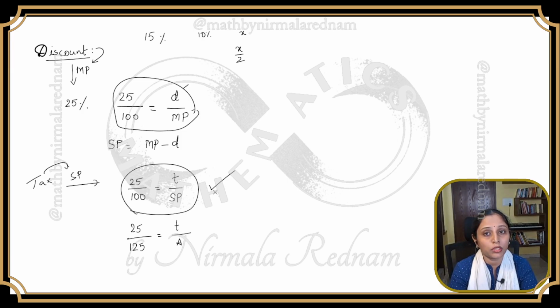If they're saying the total amount paid, it includes the tax. If they're saying the cost is so much, then they're talking only about the selling price. That is for their tax sums. And for discount sums, similarly, you need to read the question clearly. What is the information given? Did they give the marked price or the selling price, discount amount, discount percentage? And from there, if you proceed, you will be able to get the answers.